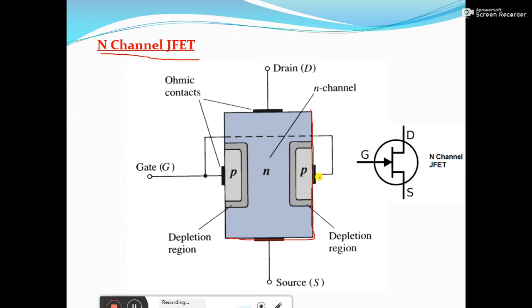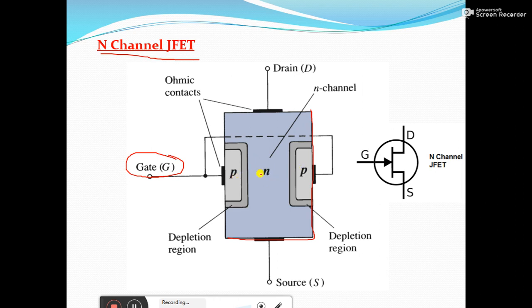These two ohmic contacts, or electrodes, are internally shorted together, and we bring out a common terminal, which is nothing but the gate.